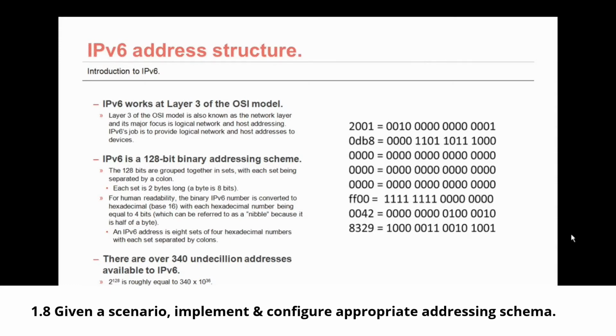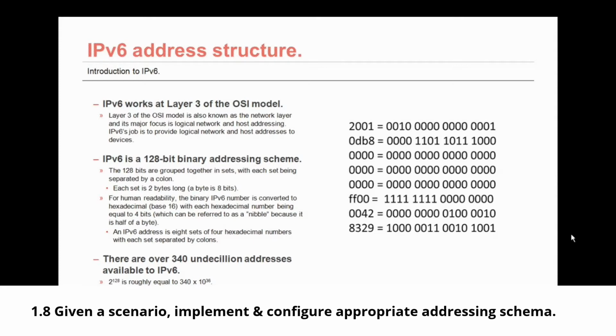For human readability, kind of, the binary IPv6 number is converted to hexadecimal, that's base 16, with each hexadecimal number being equal to 4 bits. Those 4 bits can be referred to as a nibble because it's half of a byte. An IPv6 address is 8 sets of 4 hexadecimal numbers, each being separated by a colon.